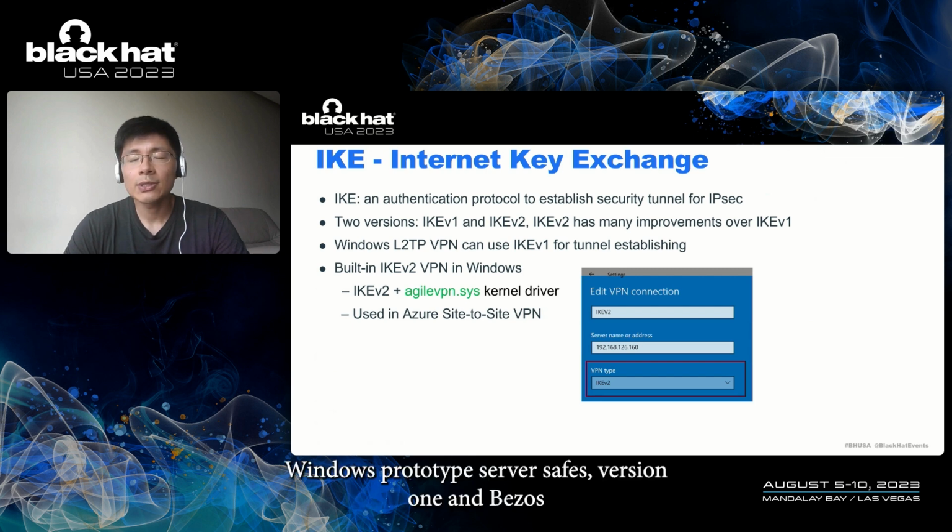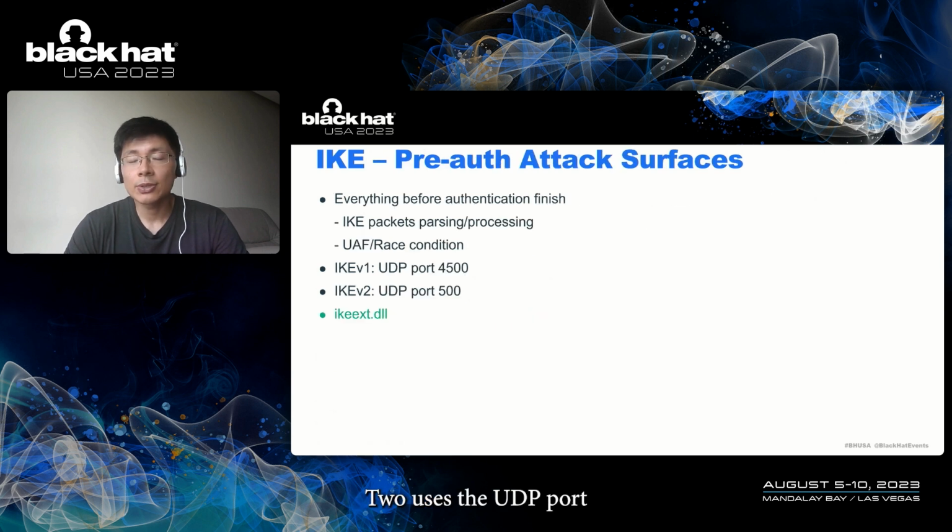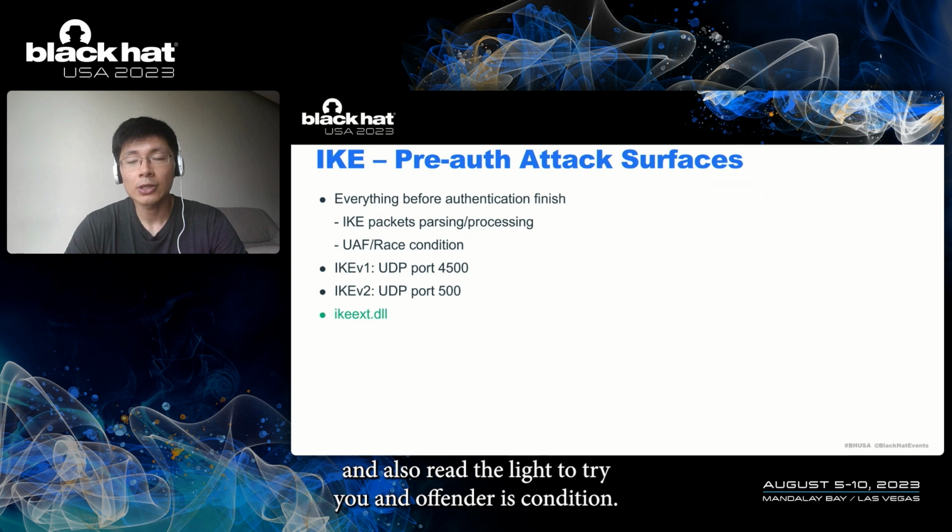Windows L2TP server uses version 1, and there is also a built-in VPN type in Windows based on IKE version 2. It uses UDP port and is implemented in IKE ext dll. The pre-auth attack surfaces are IKE packet parsing and processing, and also we'd like to try UAF and race condition.